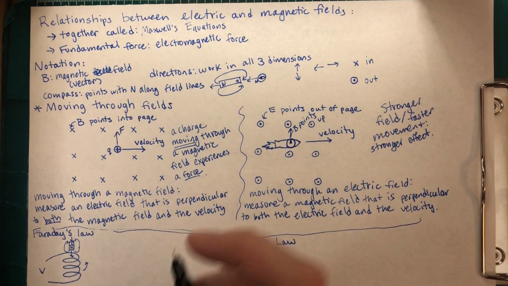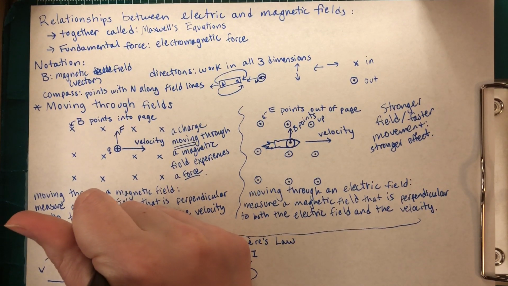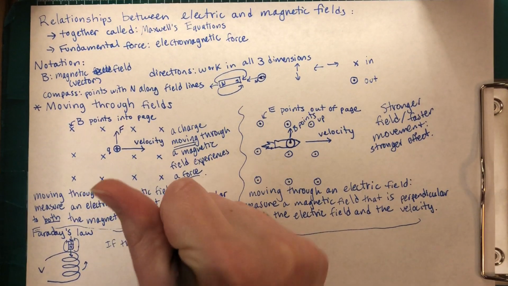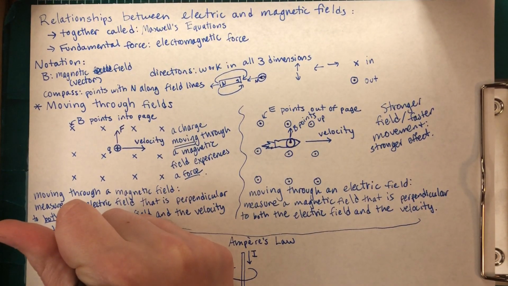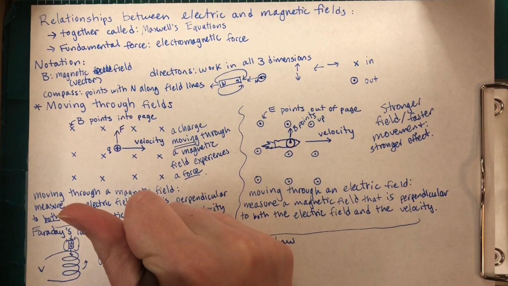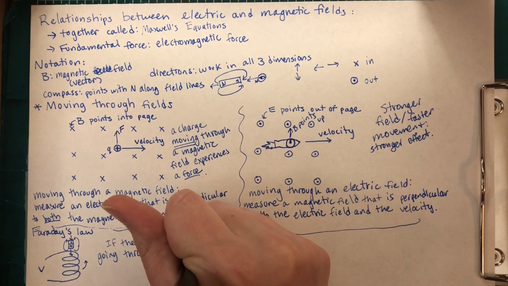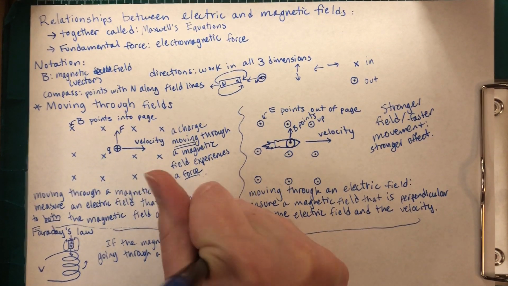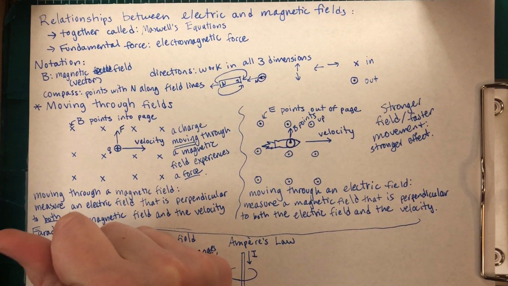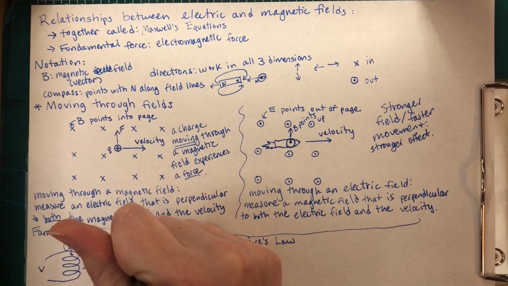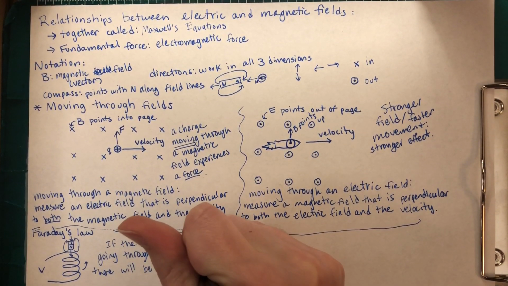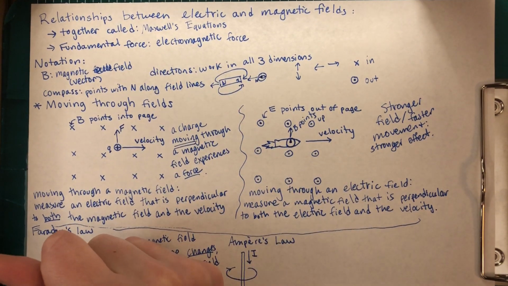Faraday's law basically says that if the magnetic field going through a loop changes, there will be an electric field that pushes charges around the loop.